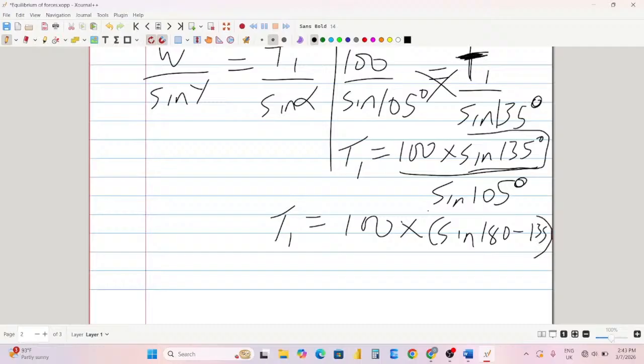I know that sine is positive in the second quadrant. The only one there I would give ish is this 105, but let's just solve it normally. So this one is going to be 75. We subtract it from 180.